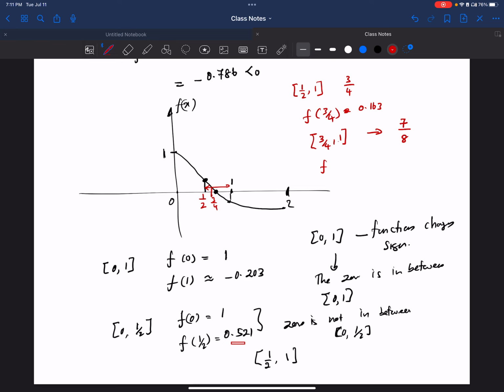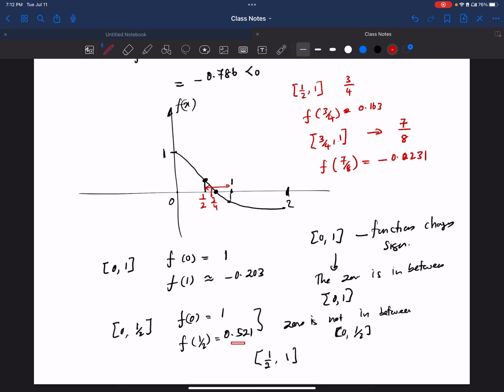Now if you find f of 7/8, you will get negative 0.0231. Now, where's the 0?